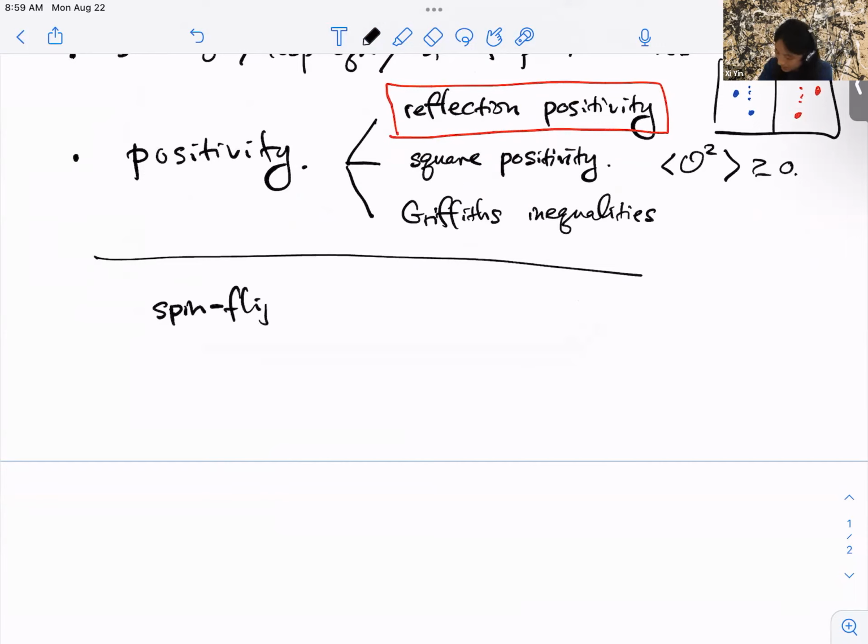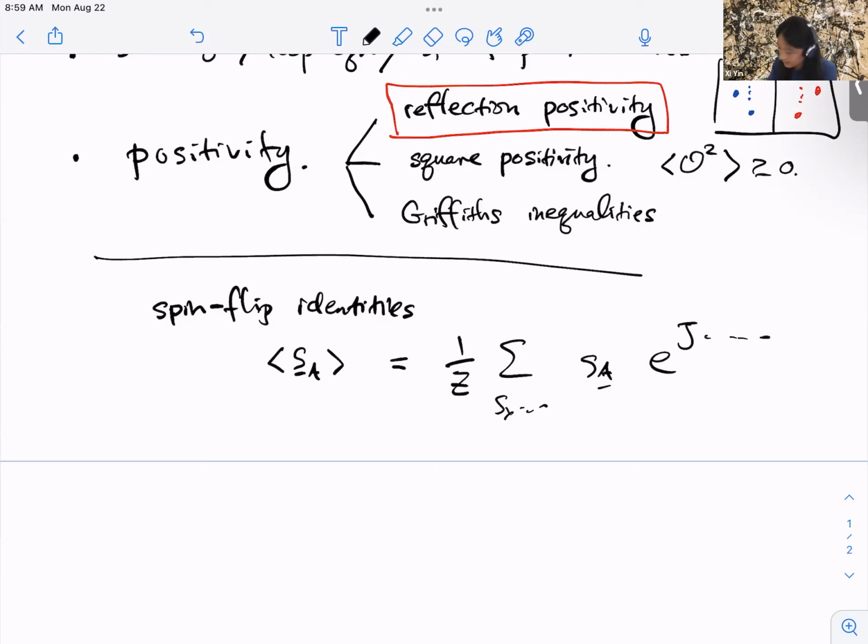These are just derived by looking at the expectation value and thinking, in the language of path integral, that you're summing over these spins with this weighting factor, and you just do a change of variable.